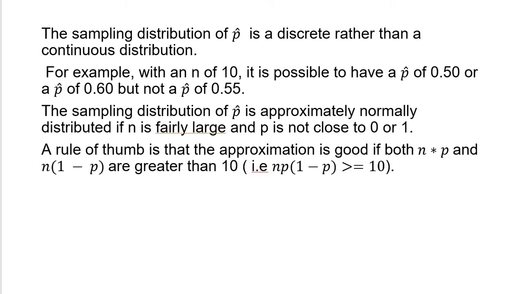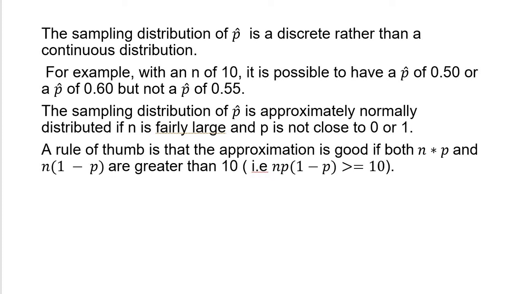However, the distribution of sample proportion is approximately normal, especially if we increase the sample size. So if the sample size is fairly large, you will see that the distribution is going to take a bell shape. That means we can use the normal distribution in order to approximate the distribution of sample proportions.